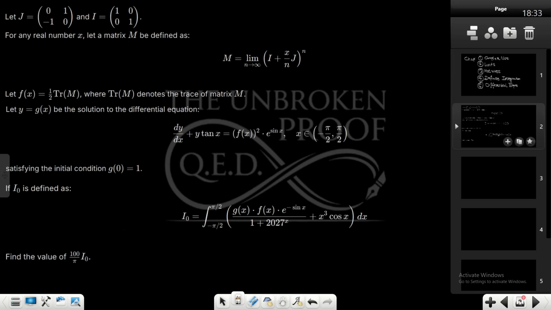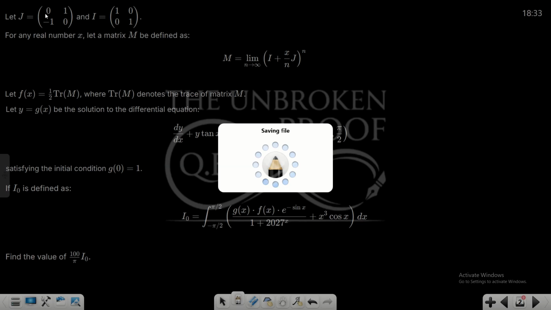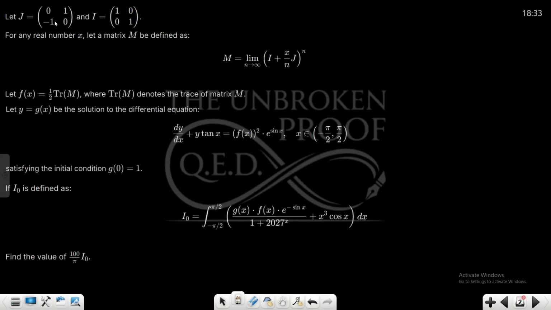This problem says that let J be 0 1 minus 1 0 and I be 1 0 0 1, which is the 2 cross 2 identity matrix. For any real number x, let a matrix M be defined as the limit n tends to infinity of I plus x by n J, whole power n. Let f of x equal half of the trace of M, where trace of M denotes the trace of matrix M. This is a standard thing, no new thing.